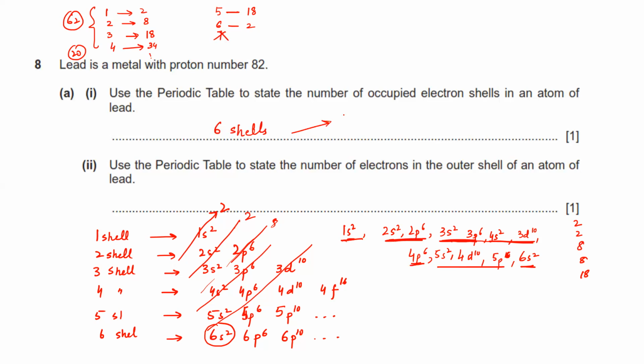So the outermost shell will have a total of 4 electrons.